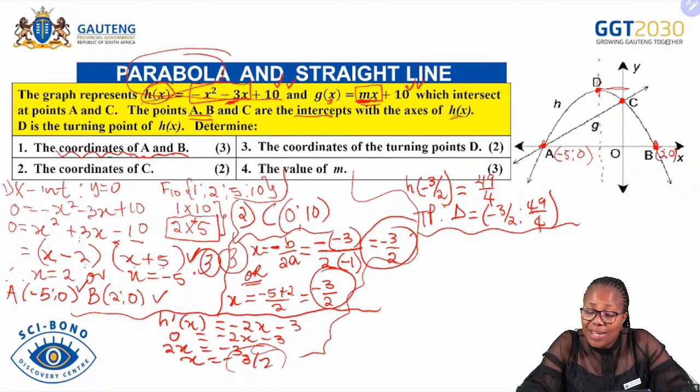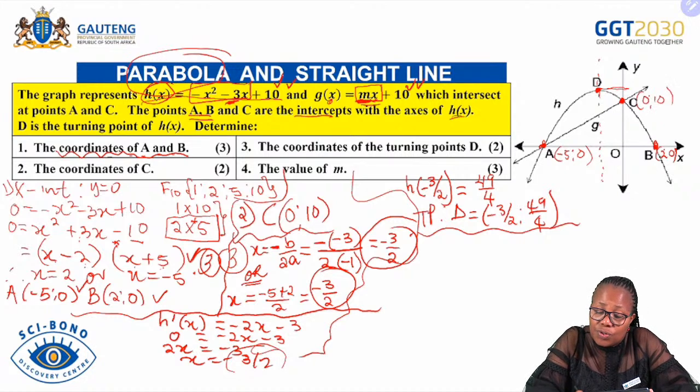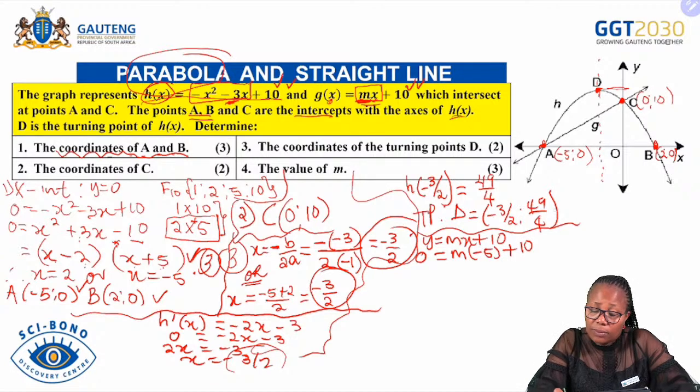Yes, you can use A or you can use C because we have the coordinate of C as being 0 and 10 there. Can use any of the points. Let's say this learner decided to use A. So that means for y equal to mx plus 10, substitute 0 for y, and then we have m, and then x is minus 5, plus 10.